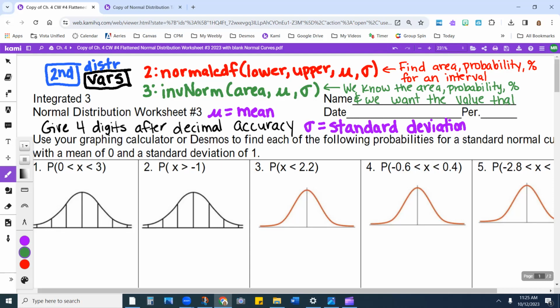Again, area, probability, and percent are all the same values.